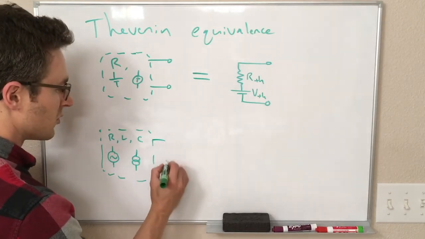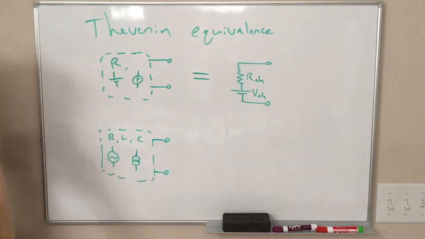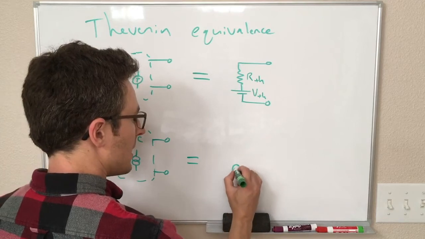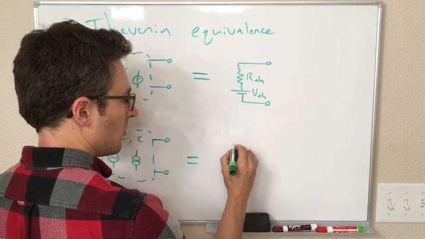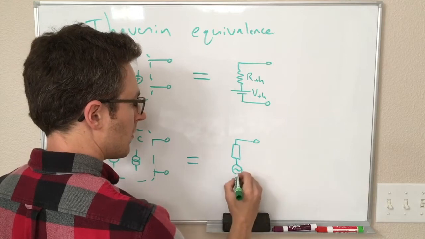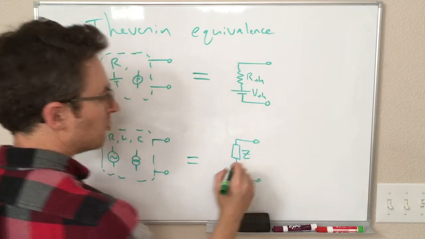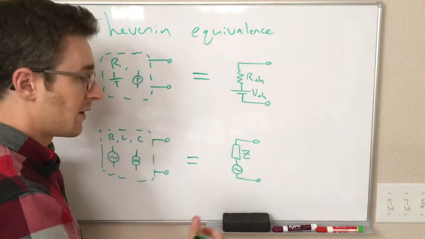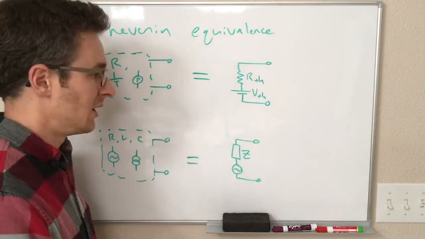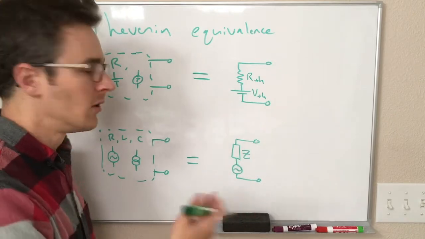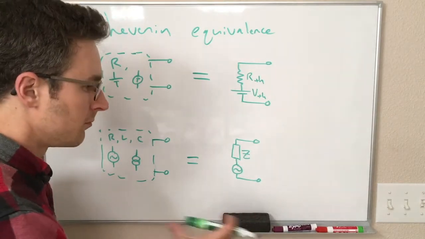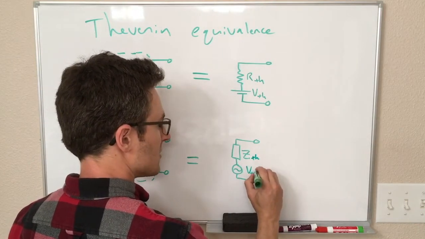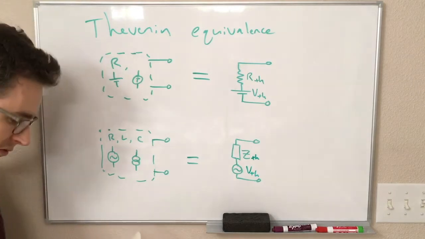So between any two points attached to whatever tangled mess is here, this is exactly equivalent to an AC voltage source in series with some impedance Z. In general, this will not be a resistor value or inductor value or capacitor value. It will be at an arbitrary angle with some number of ohms magnitude. So this is our Thevenin impedance, and there is still a Thevenin voltage source to find.